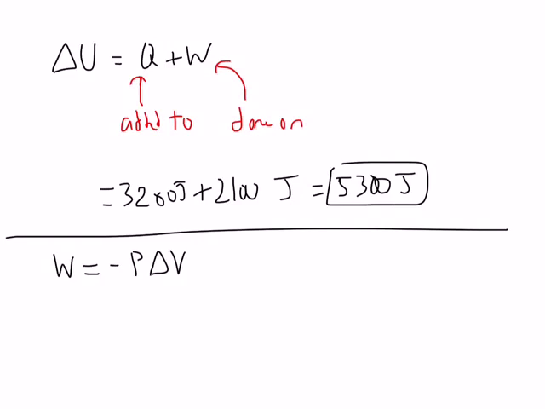Since the pressure can't be negative, that means delta V must be negative. And if delta V is negative, that tells us V final is less than V initial, or it decreases. That's the only way for positive work to be done on a gas, is for it to decrease in volume.